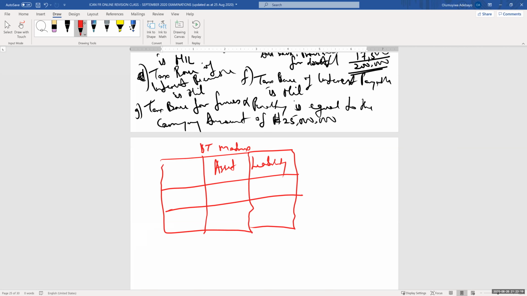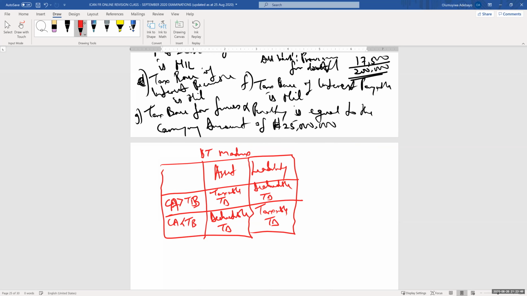Where carrying amount is greater than tax base, and where carrying amount is less than tax base. We said this is taxable temporary difference. This is deductible temporary difference. This is deductible temporary difference. And this is taxable temporary difference.